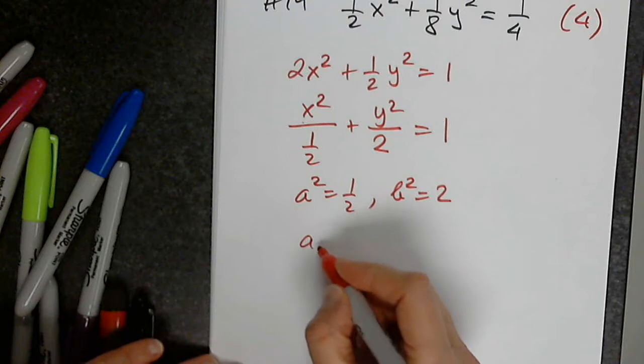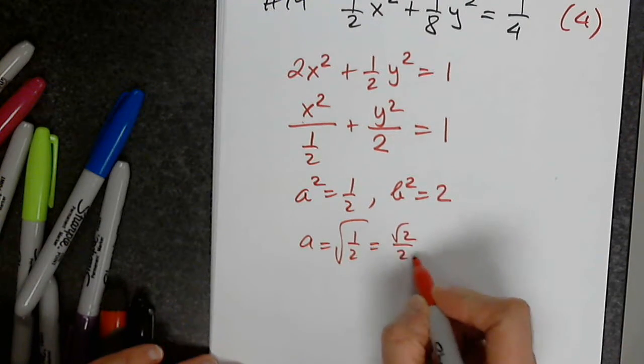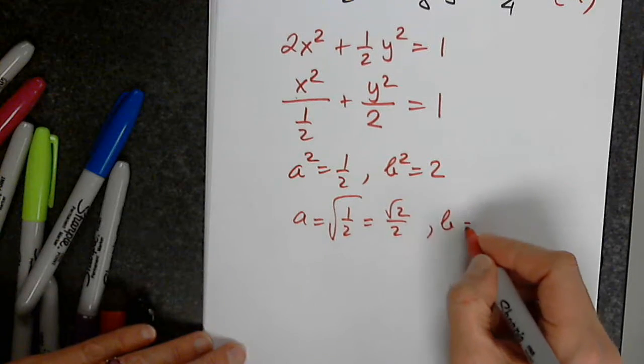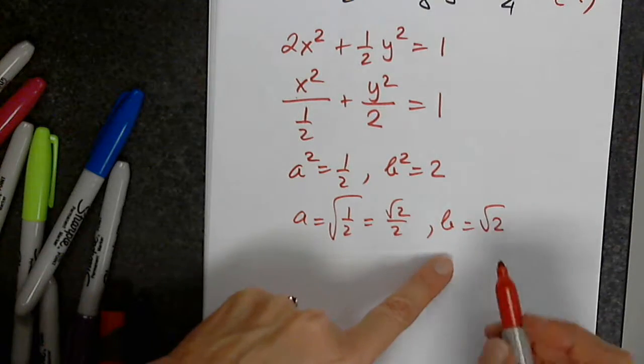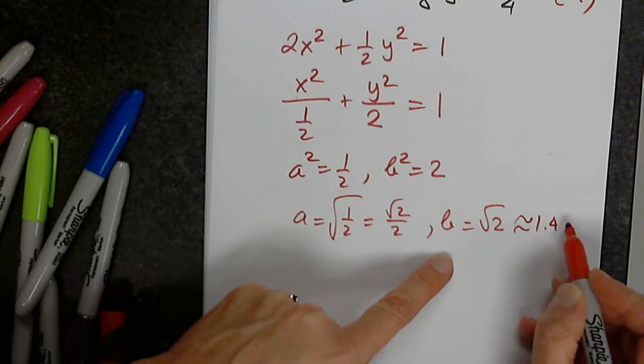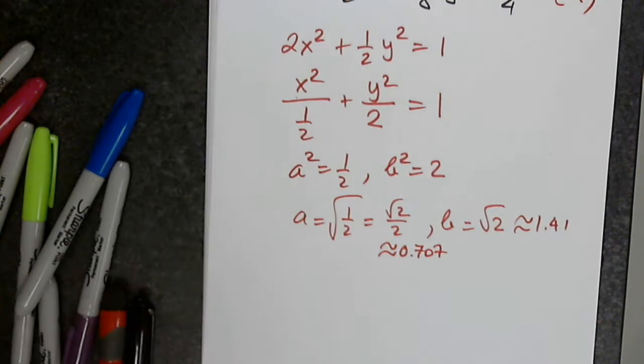So then A is the same thing, the square root of 1/2, which we just calculated the square root of 2 over 2. And B is the square root of 2. So this one is approximately 1.41. And this one is approximately, we just determined it, 0.707.